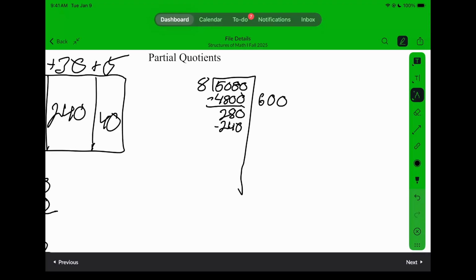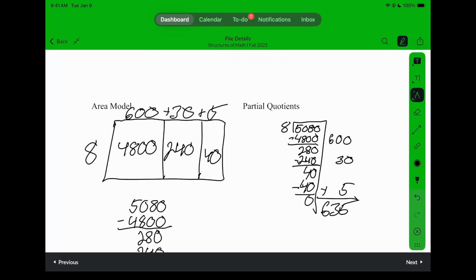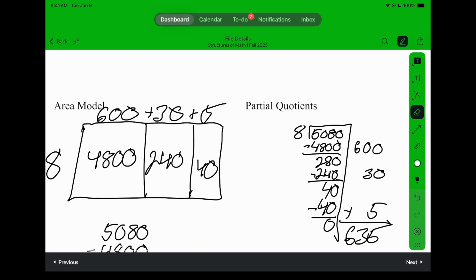And we can do 240 because that's 8 times 30. And then we can do 40 because that's 8 times 5. Add them up. 635. I actually didn't finish this one. Add them up. Oops. Add them up is 635. You got to remember to actually give an answer.